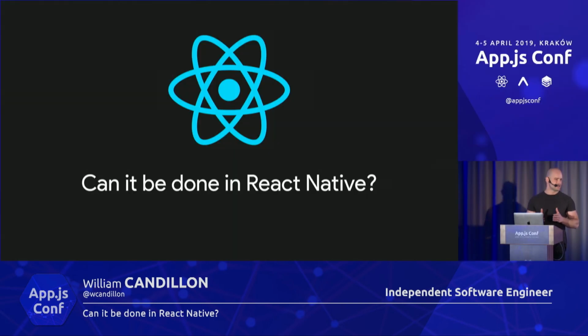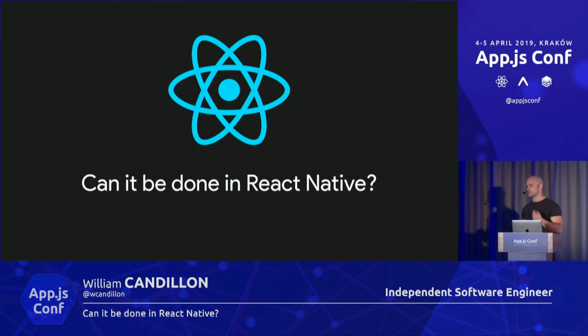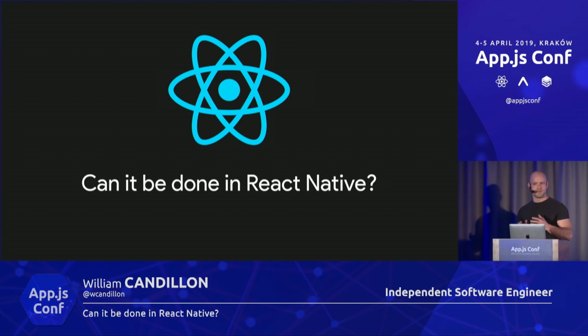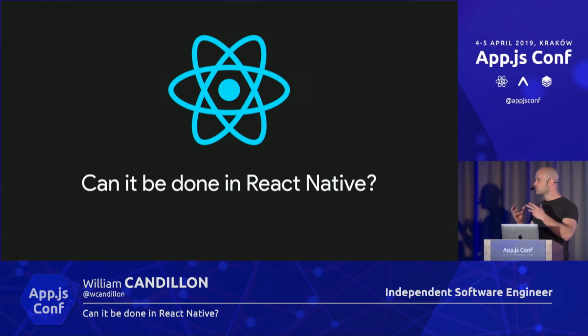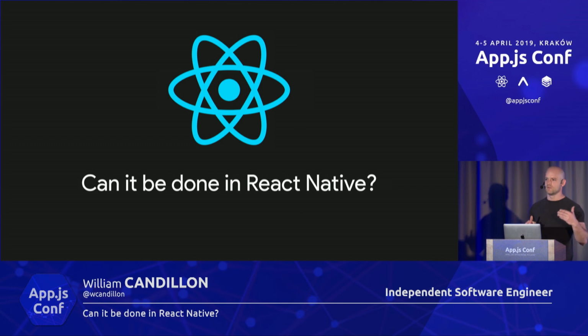Can It Be Done in React Native is a YouTube series that emerged from the fact that after starting React Native development, I started to look at the apps on my phone very differently. For every delightful user experience, I would be wondering, how could we build the same user experience using primitives that we know from the React Native world?